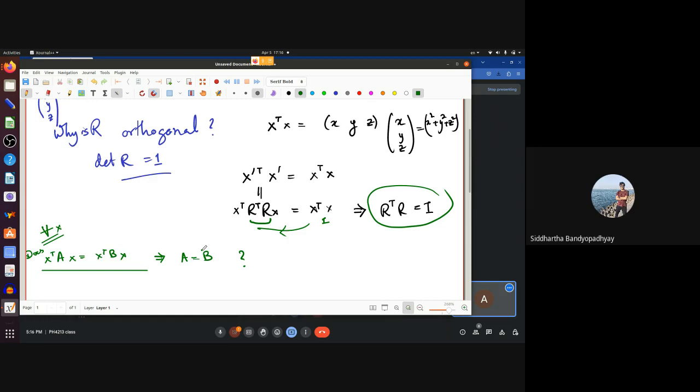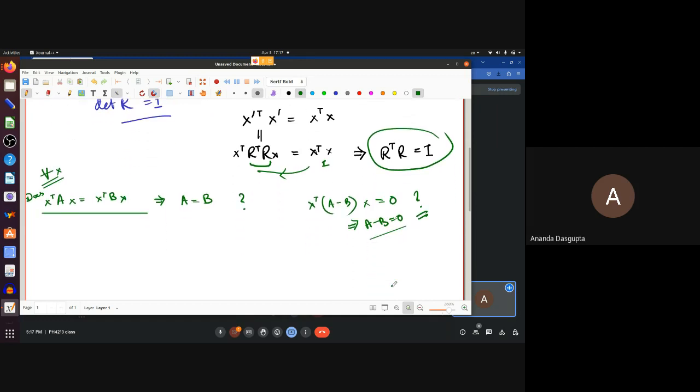A minus B times x can also be a vector orthogonal to x transpose. Why? When will that happen? What we are really saying is, if this is 0, does this imply that A minus B is 0? What you're saying is A minus B times x could end up being orthogonal to x.